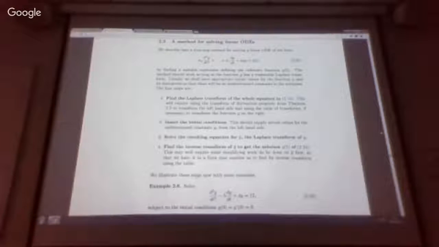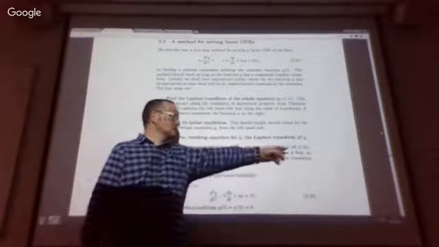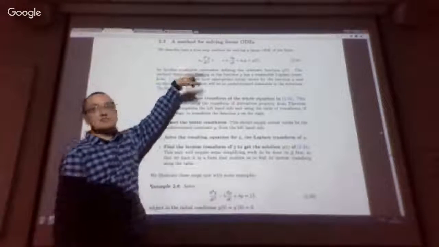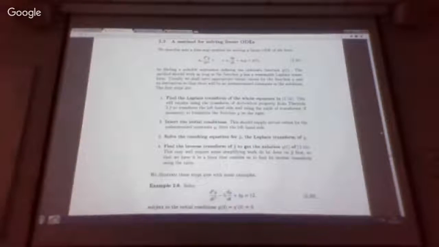So you can read off the individual inverse transforms and recover the original function y of t, which will be the solution to the original ODE. So we looked at some examples of that. We'll look at a few more examples in due course.